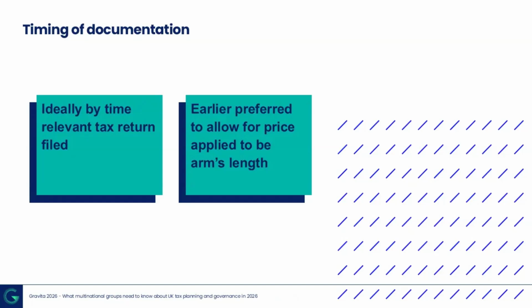If you don't tick that box, then HMRC will assume that you are squarely within UK transfer pricing regulations. Now, ideally, you wish to have a full transfer pricing report supporting your arm's length price before you file the relevant tax return, because otherwise you're filing a self-assessment tax return to say that everything's been done at arm's length. You've got no proof.